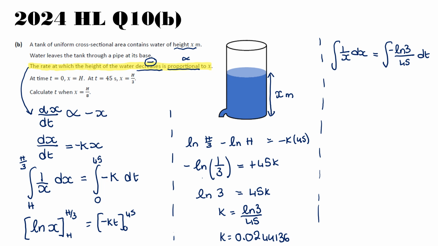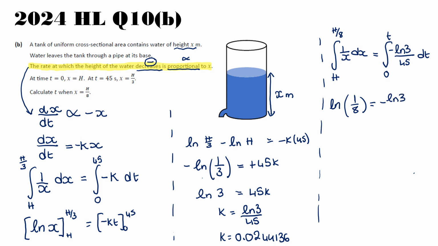So we know when t is 0, x is h, and we want to find the time when x is h over 8. Now, here's the good news. I've already done a lot of the hard work. So I know this becomes ln, and it becomes the top number divided by the bottom number. So I get the natural log of what is effectively h over 8 divided by h, which is 1 over 8. So that speeds me up a lot.